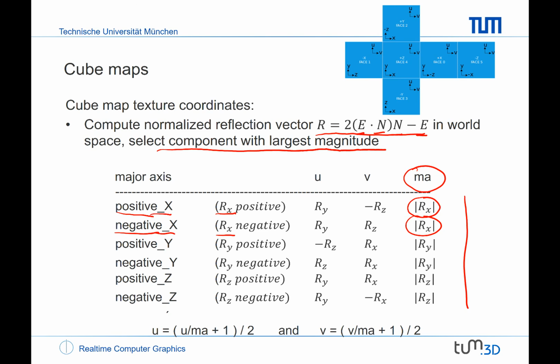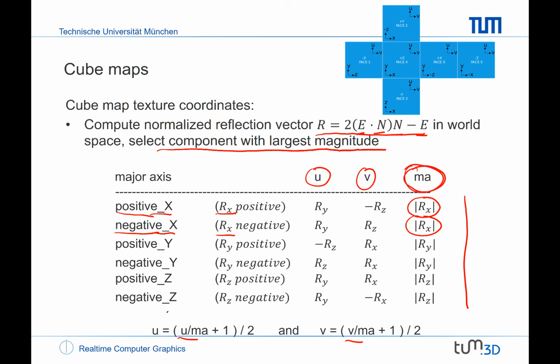And then U is set to Ry and V is set to minus Rz or Rz for the positive and negative case. And then we simply divide U and V through that largest component MA.